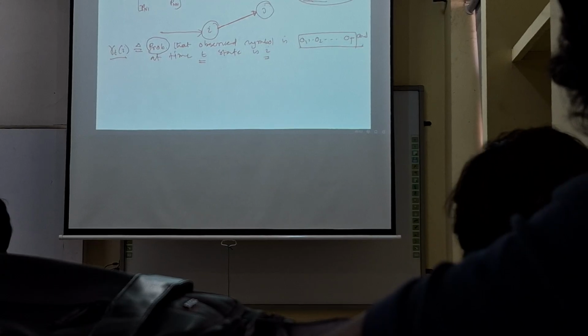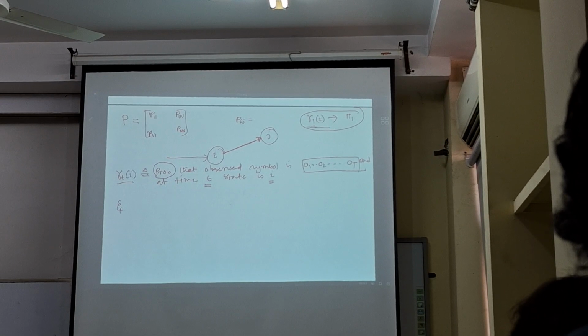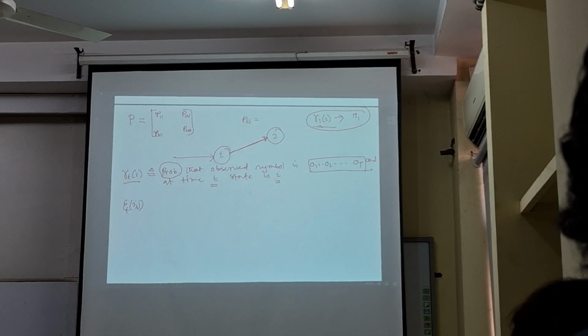So now the second thing is that for this one, we define another variable. What is this character? Forget about the quality of the handwriting.